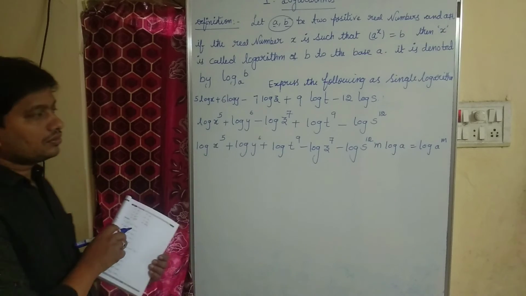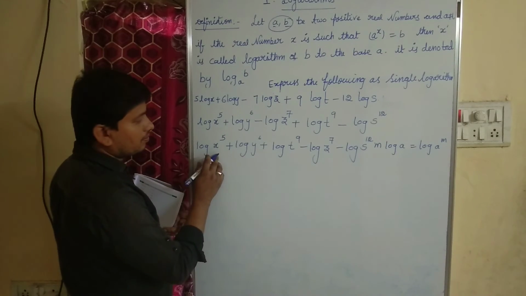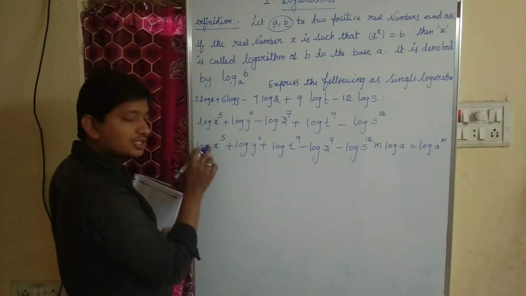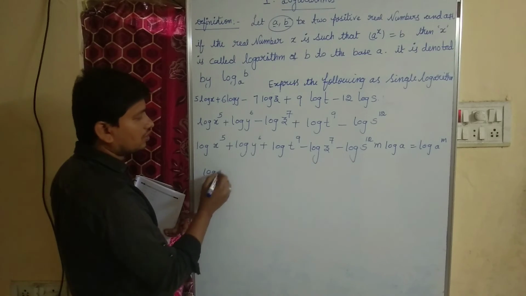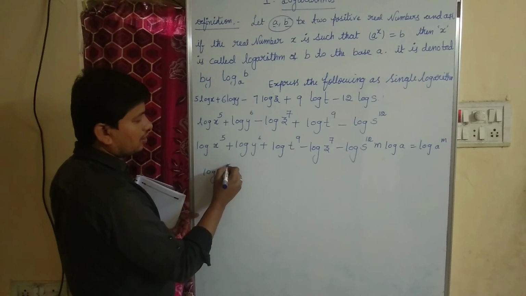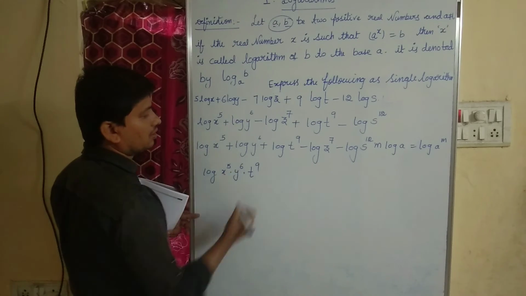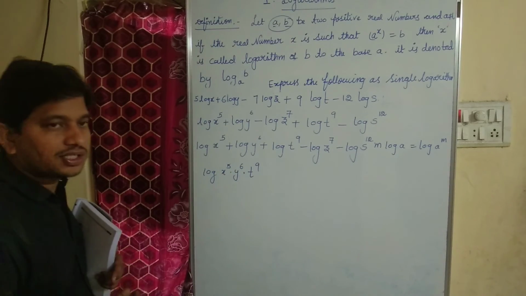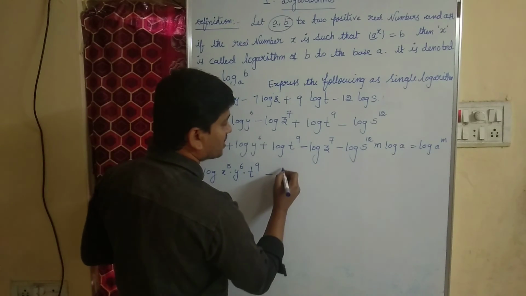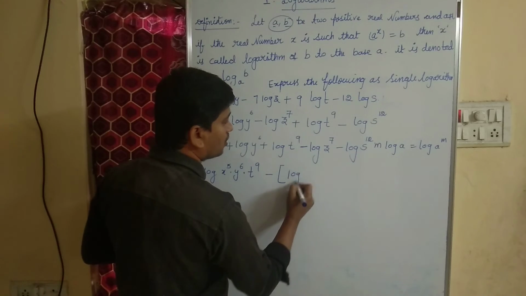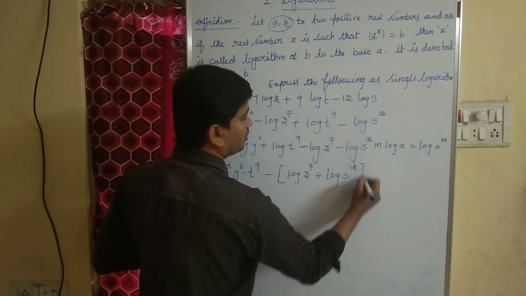Now here log a plus log b plus log c, I can write as log a into b into c. Right? Minus, here let me take minus common. It will become log z to the power of 7 plus log s to the power of 12.